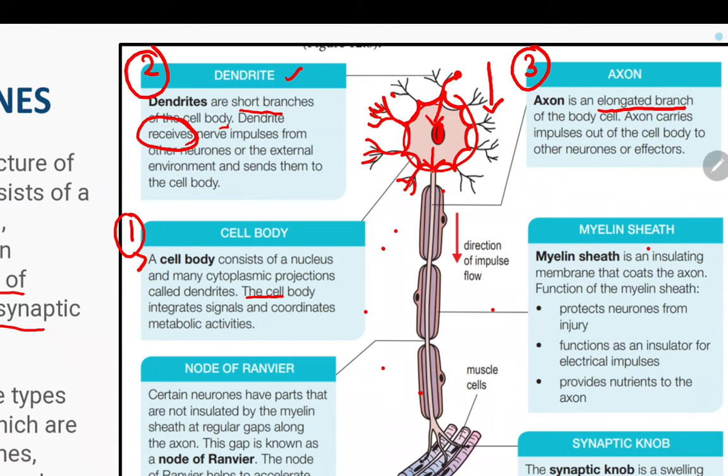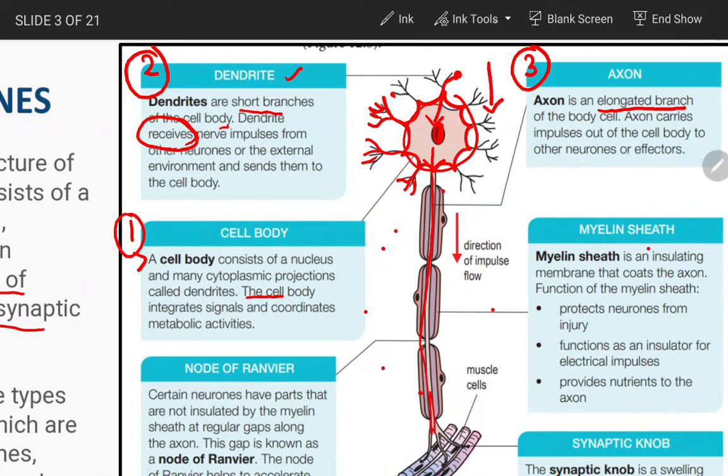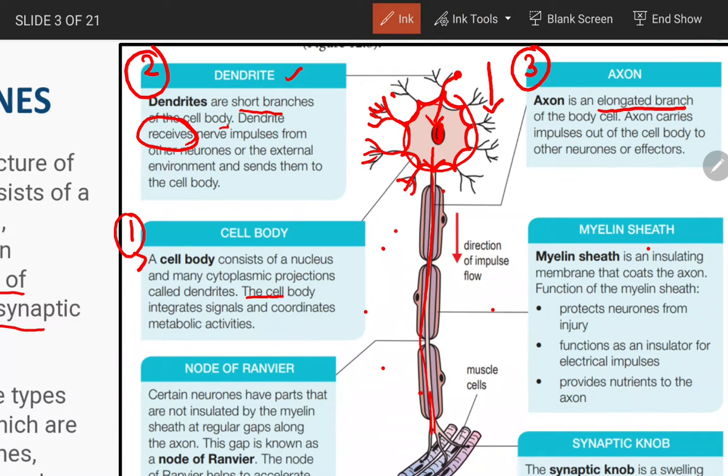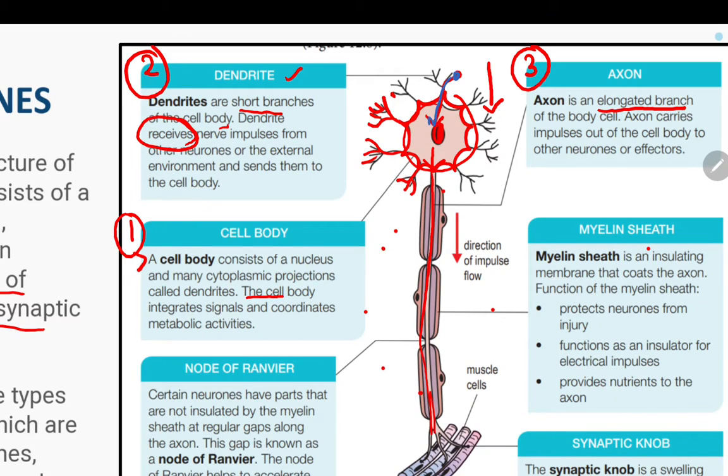So where is the axon in this diagram? This is the axon, all the way along here. The function of the axon is to carry impulses out of the cell body to other neurons or effectors. Just now the impulse reached the dendrite, went to the cell body, and then to the axon.